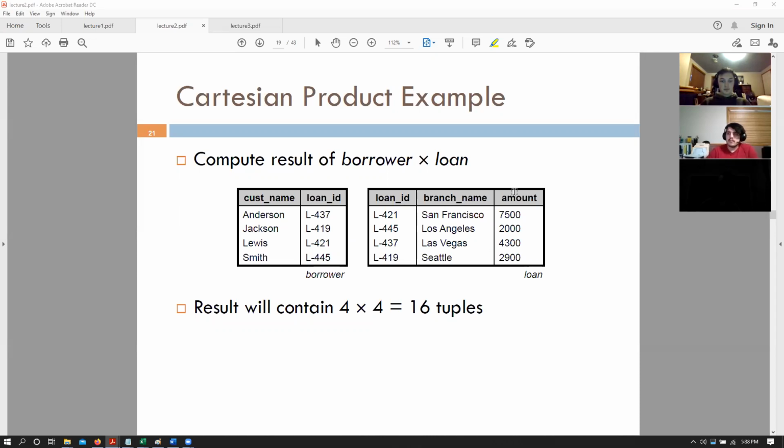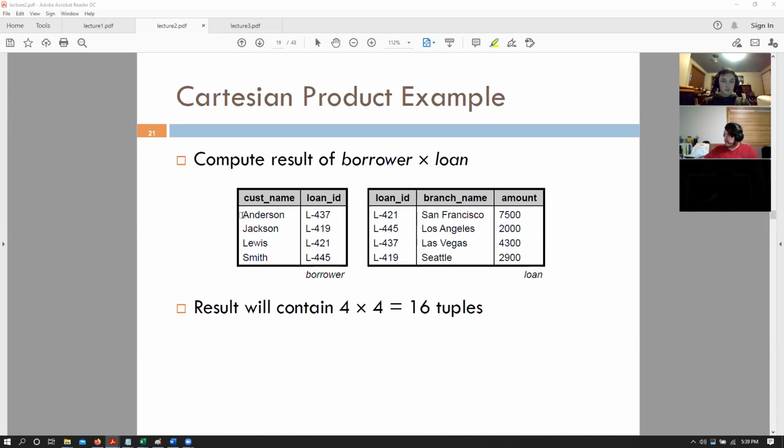If I perform the Cartesian product of those two relations, we have four tuples for borrower and four tuples for loan. For each row in my borrower relation, I would get the four values from the loan relation as well.